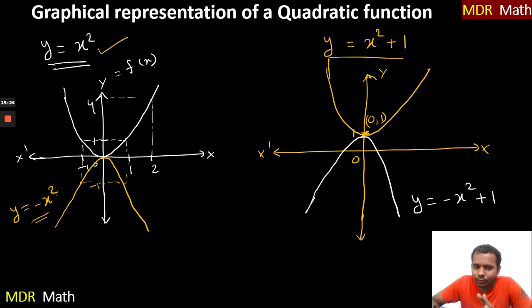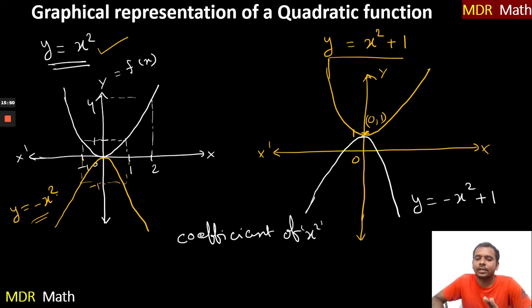Right? So what could you see here? We can see that when the x square coefficient is positive, the curve faces upwards. When the x square coefficient is negative, the curve faces downwards. That means the coefficient of x square decides whether the curve faces upwards or downwards.